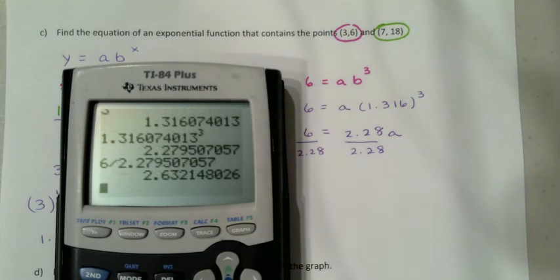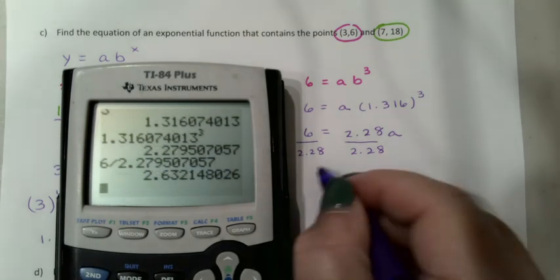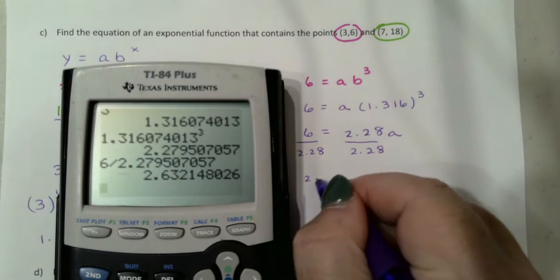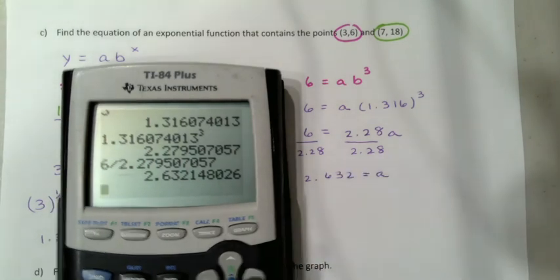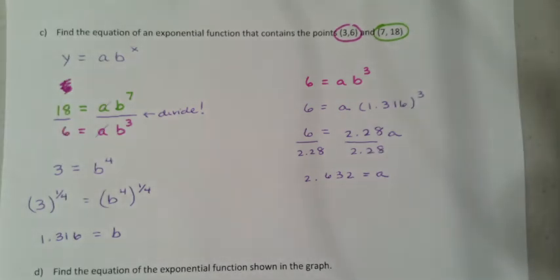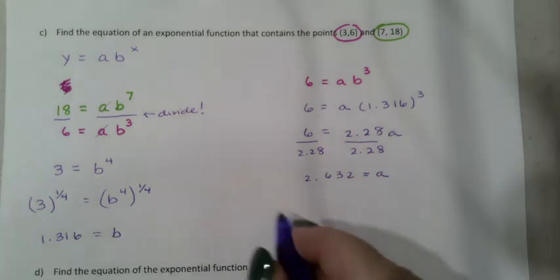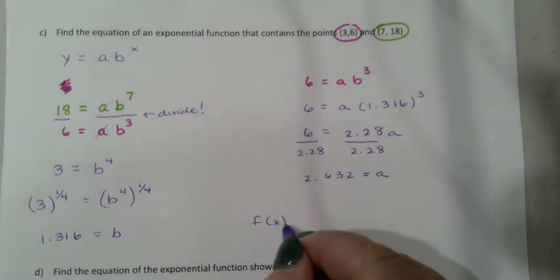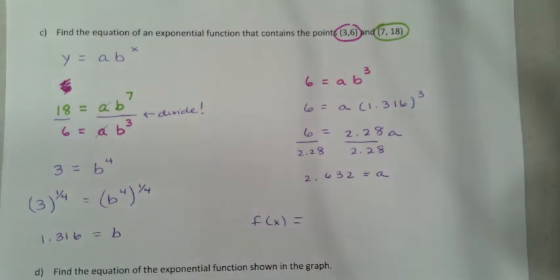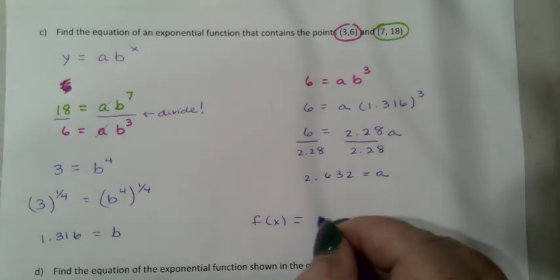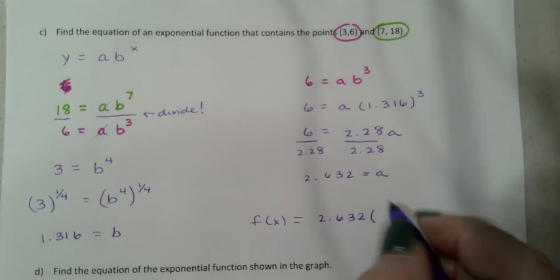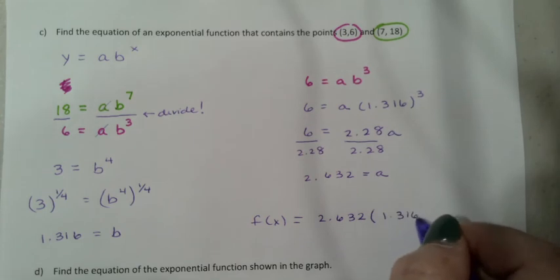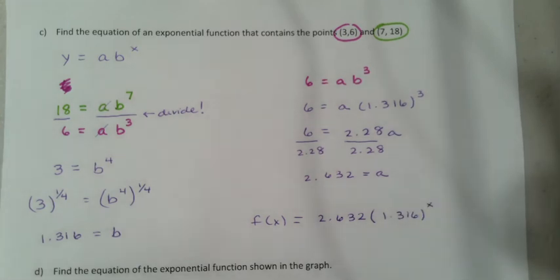And I have about 2.632 for a. All right, I've got enough to write down my function. F of x will be 2.632 times 1.316 to the x power.